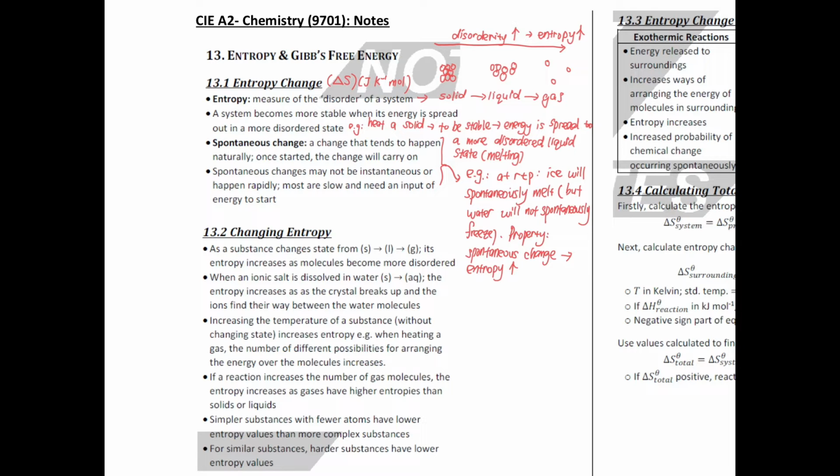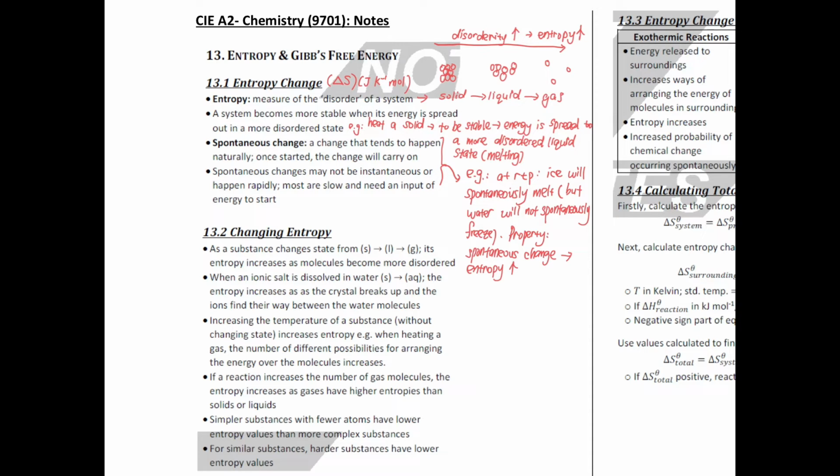Should be reasonable, entropy is about the disorder of a system. So this is solid, this is liquid. Solid to liquid, as we discussed before, this is ordered, this is disordered. Disorder increases, entropy increases.